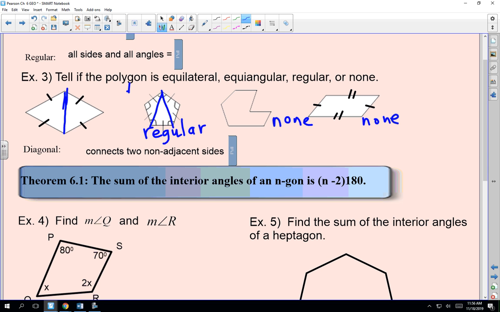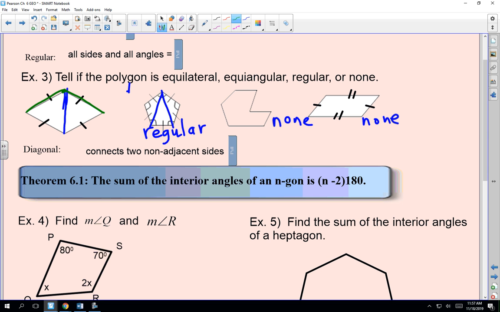So what's happening here is I can only break these shapes up into a number of triangles that is 2 less than the total number of sides, because I cannot connect the adjacent sides. How many adjacent sides do I have to that vertex? 2 of them, right?